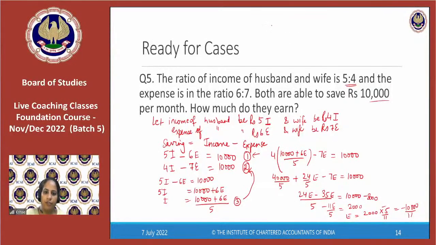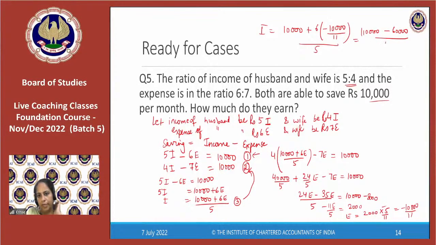So if we substitute this, I will be equal to 10,000 plus 6 times minus 10,000 by 11, whole by 5. By 55.